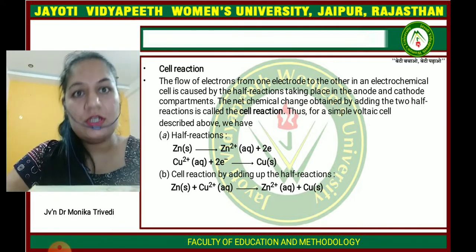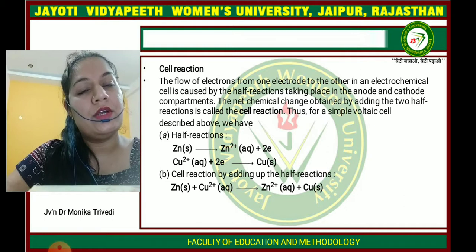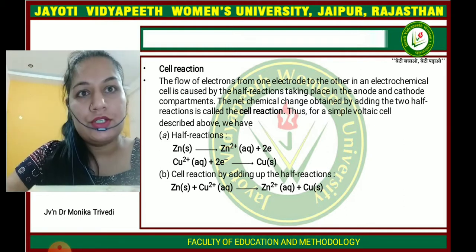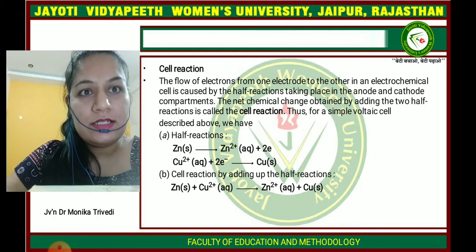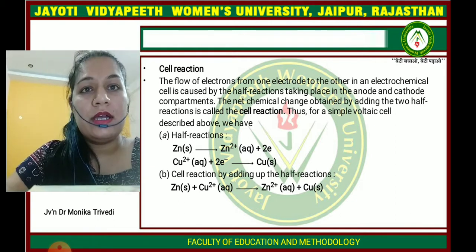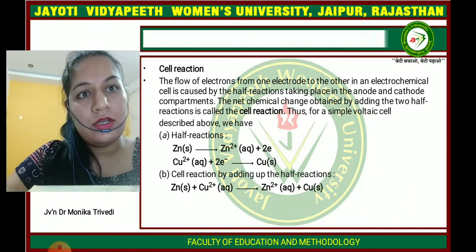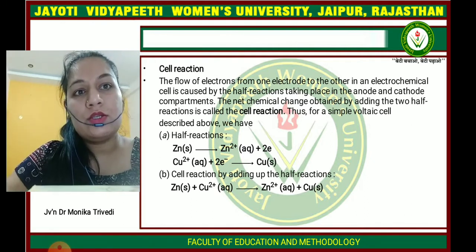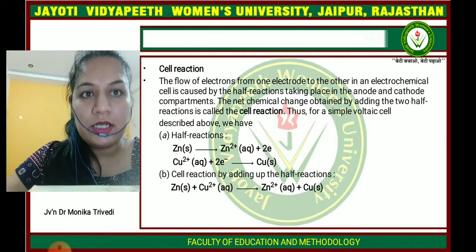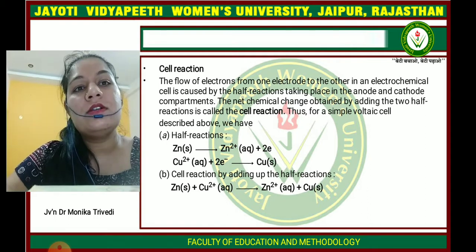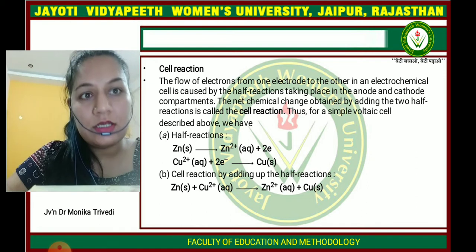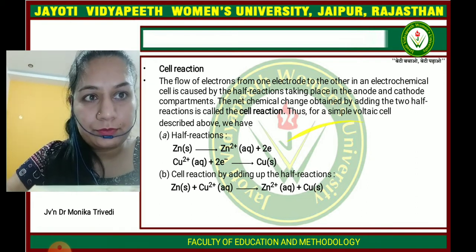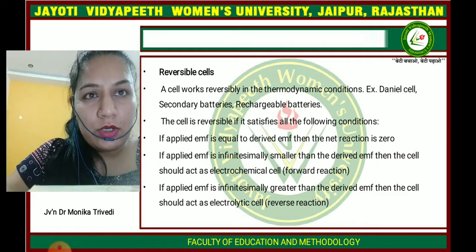The half reaction of oxidation, the half reaction of reduction, and overall the net reaction is known as the cell reaction. Here Zn solid, by losing electrons, converts into Zn2+, and Cu2+, by acquiring 2 electrons, converts into copper solid. So the net reaction is Zn solid plus Cu2+ aqueous converts into Zn2+ aqueous and copper solid.